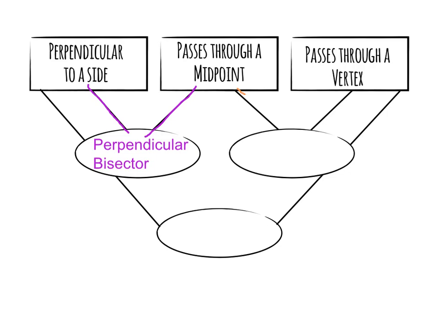The line that passes through a midpoint and also passes through a vertex is called the median. The line that is perpendicular to a side and also passes through a vertex is called the altitude.